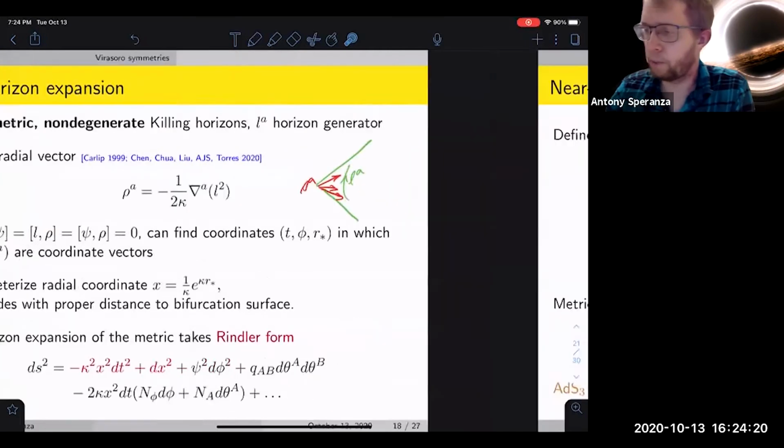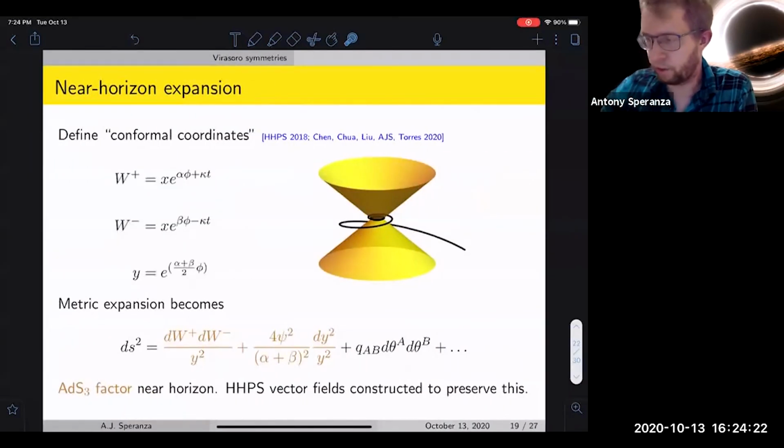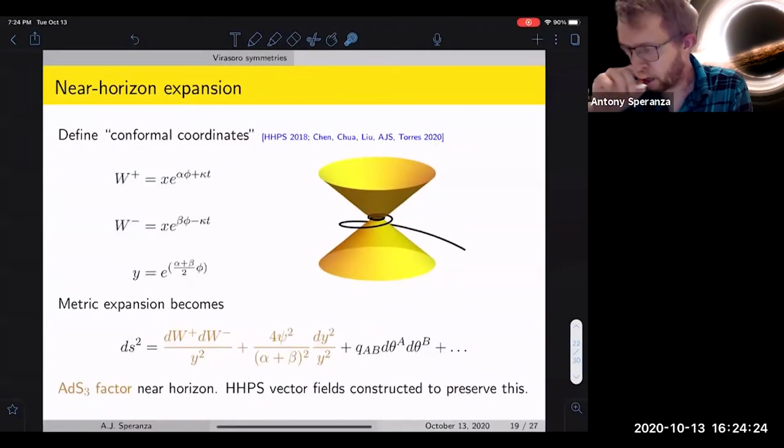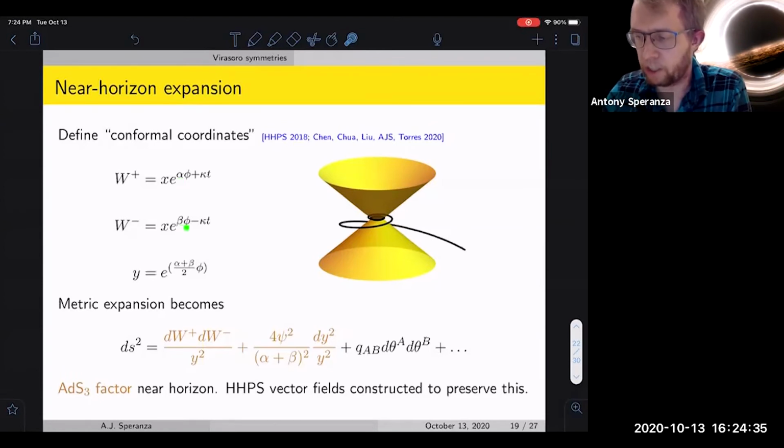And so what HHPS did, and what we generalized in this work, was they looked for what they called conformal coordinates. There's this weird twisty coordinate system that depends on two parameters, alpha and beta, and you exponentiate e to the alpha phi plus kappa t and beta phi minus kappa t.